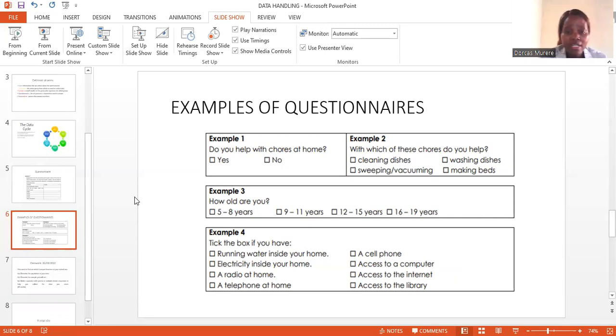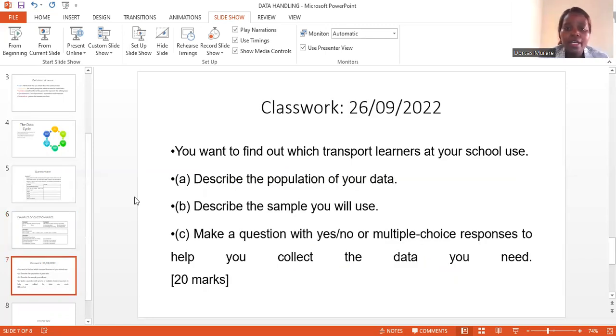For the response, you can even use the ticking method, where a person will just tick. For example, if the question is, do you help with chores at home, and you don't, you just tick the no. The next slide will be the classwork that we have to attempt after this lesson.